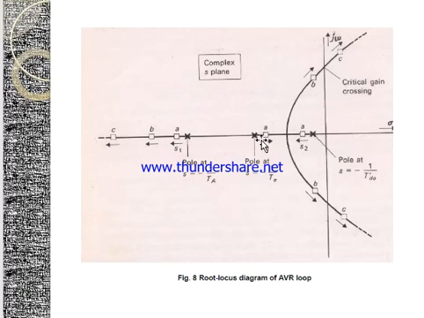So the root locus starts from this one and moves towards the right side, and from the first one it will move towards the left side. Both of them coincide at this point, and from there they start diverting away through the imaginary axis, cross the critical gain crossing, and then go in search of the zero. So this is how the root locus is being designed here.